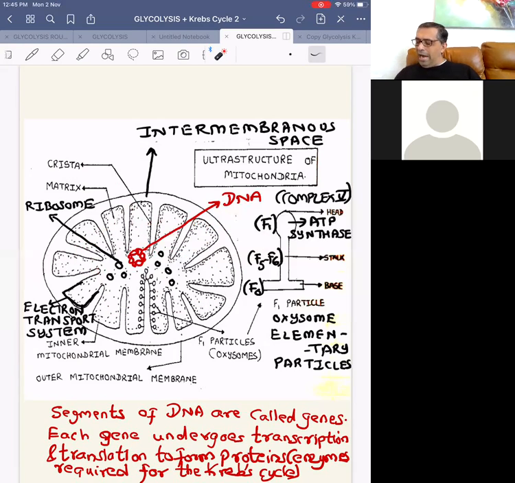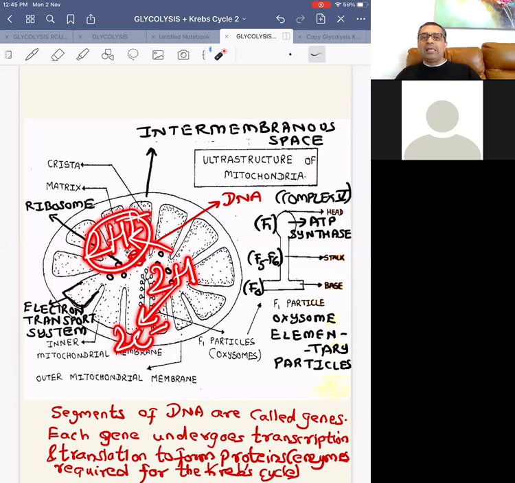What happens to 2 hydrogen? It splits to form proton and electron. Where will protons remain? Protons remain in the matrix. Where will the 2 electrons transfer?